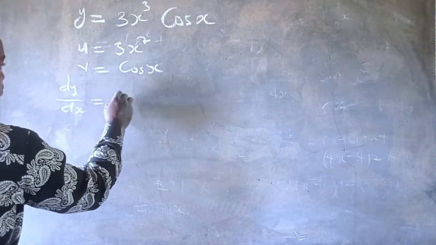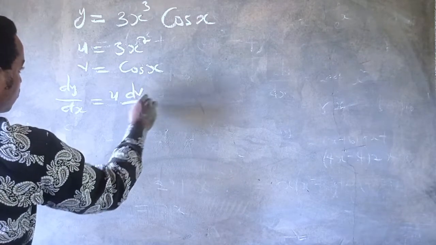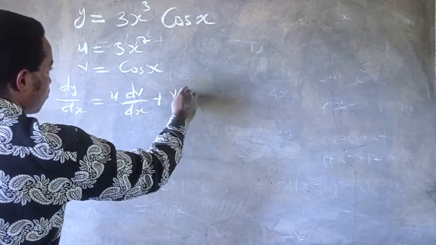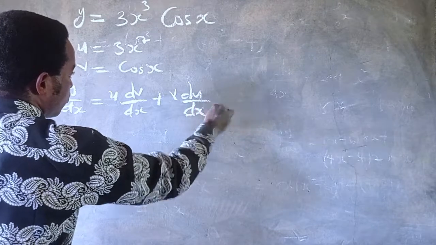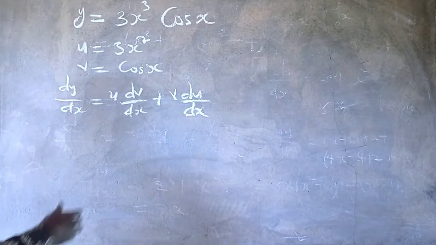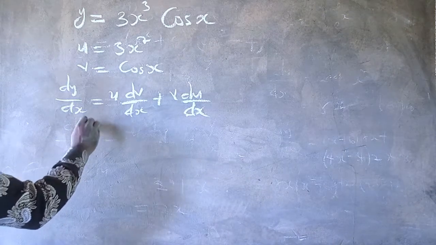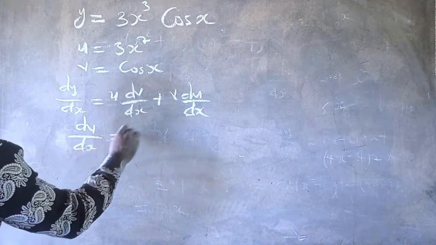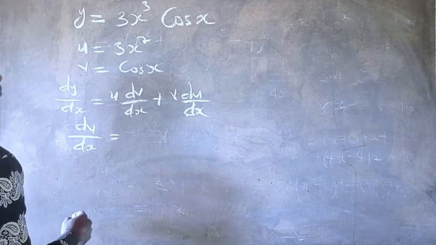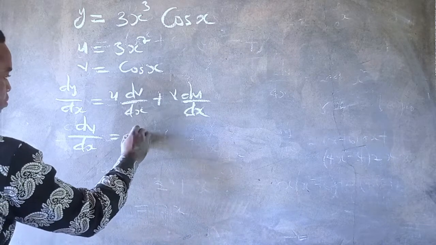The expression for dy/dx is u dv/dx plus v du/dx. Okay, we have obtained our u and our v, but we still need the derivative of v, which is minus sine x.